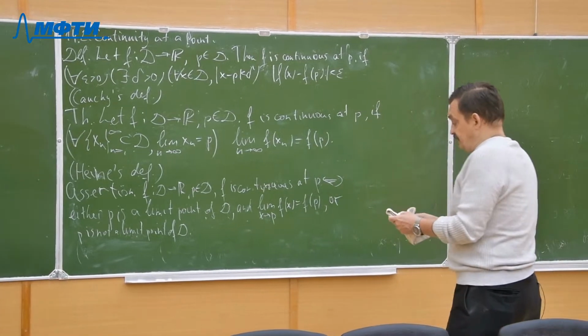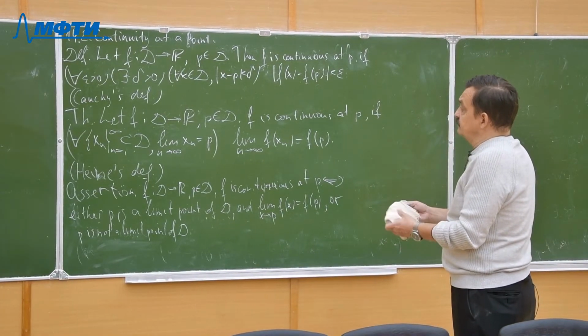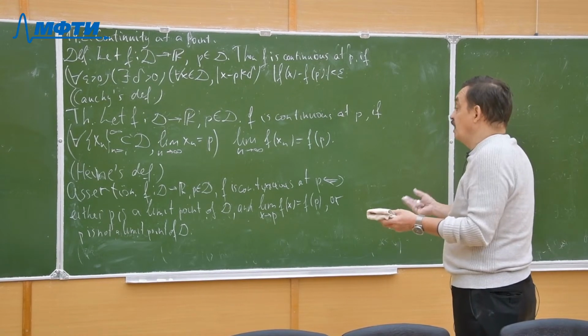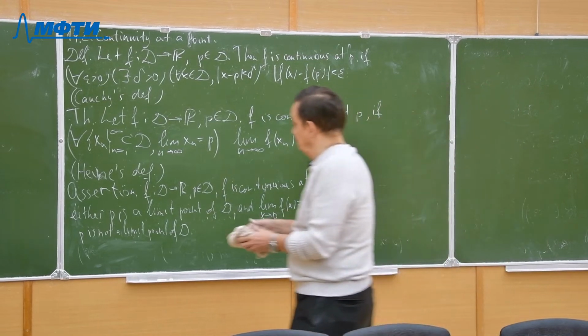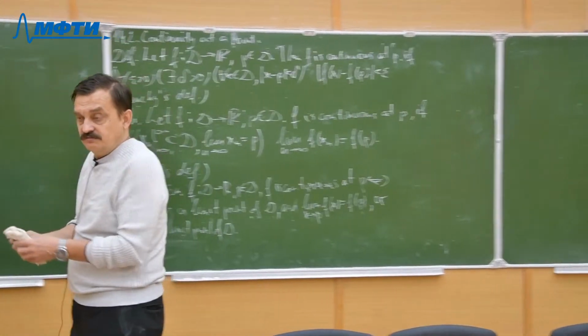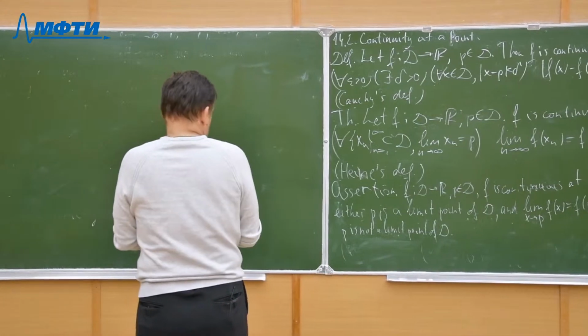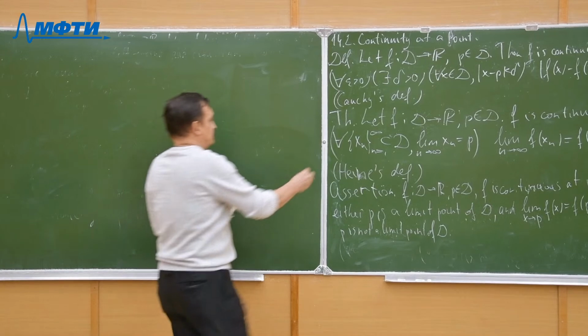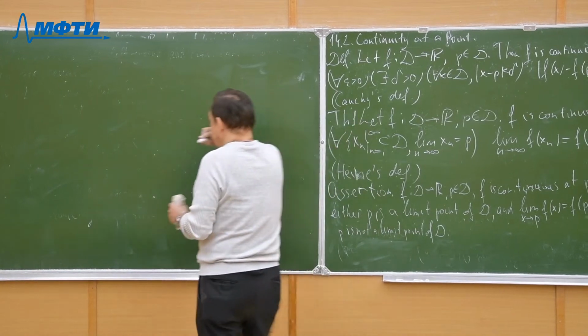Of course, practically any theorem about limits can be rewritten as an assertion about continuous functions. For example, theorem 2; this was theorem 1, right?